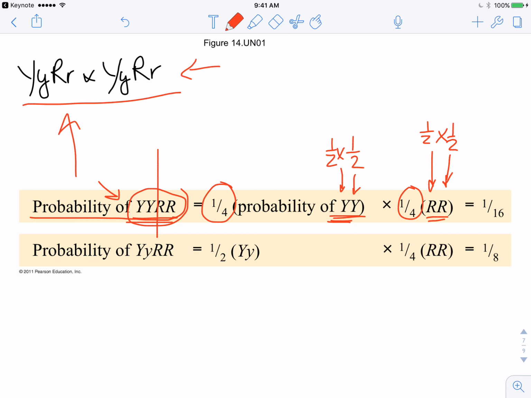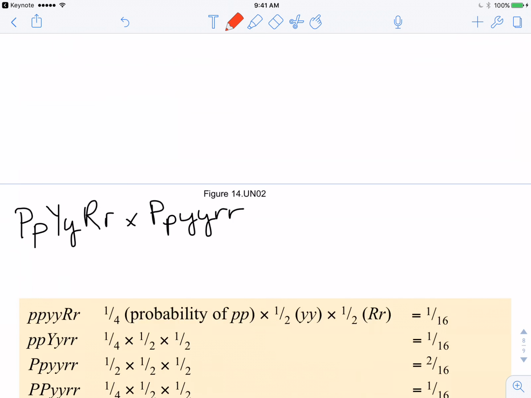So the odds that you get these two together, you would take 1/4, multiply it by 1/4, and get 1/16. All right, and then similarly, you can work on the probability of getting this genotype from that cross. Okay? And then we'll go over more of these in class.